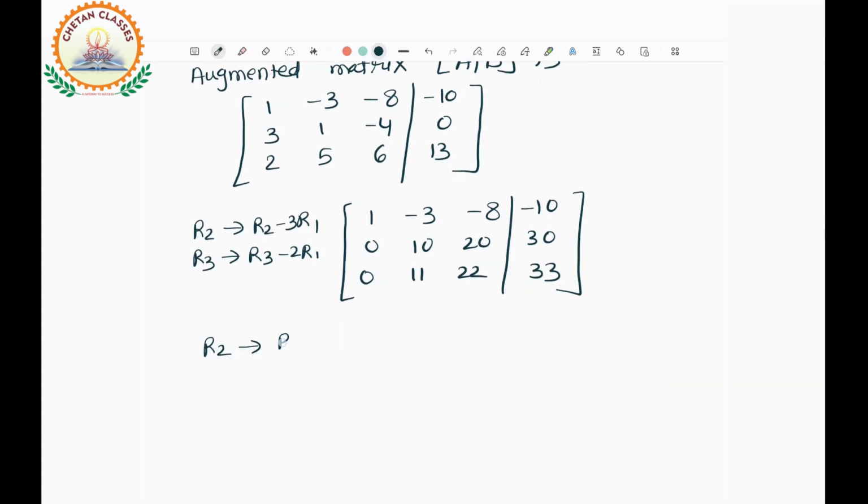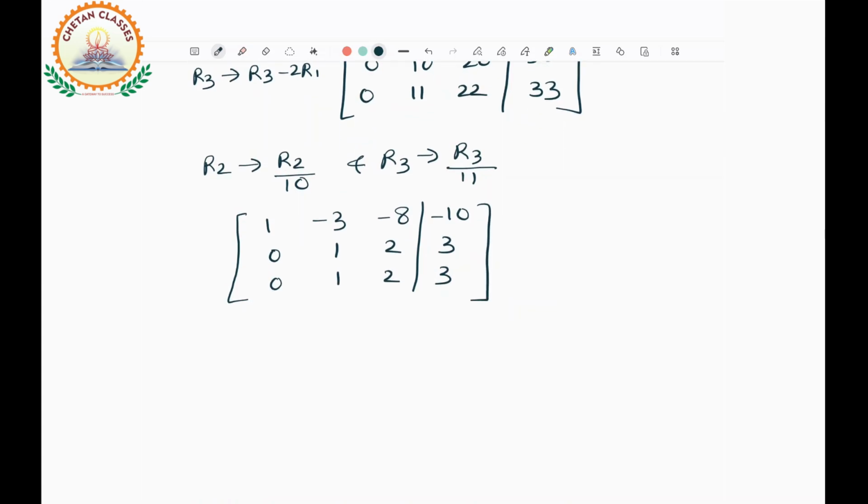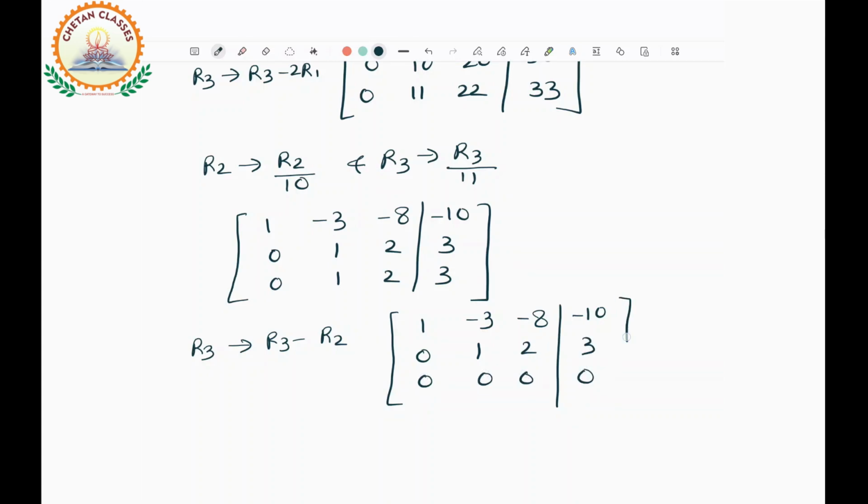Now R2 tends to R2 divided by 10 and R3 tends to R3 divided by 11. So our augmented matrix is 1, -3, -8, -10; 0, 1, 2, 3; and 0, 1, 2, 3. Now R3 tends to R3 - R2. So we get 1, -3, -8, -10; 0, 1, 2, 3; and 0, 0, 0, 0.